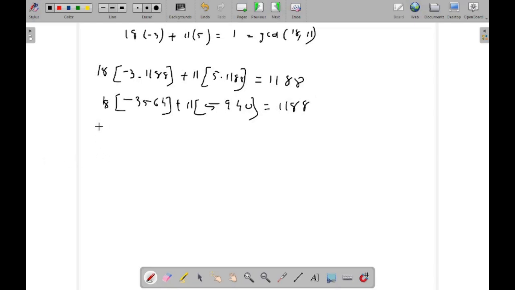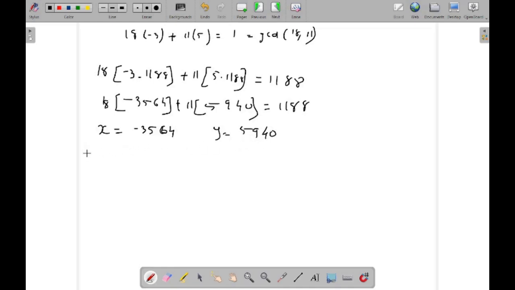And we can say our x equal to minus 3564 and y equal to 5940.